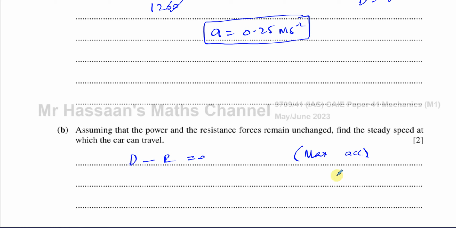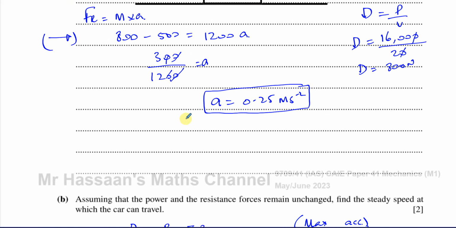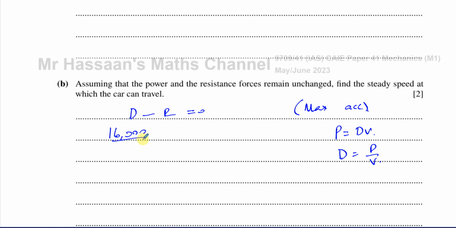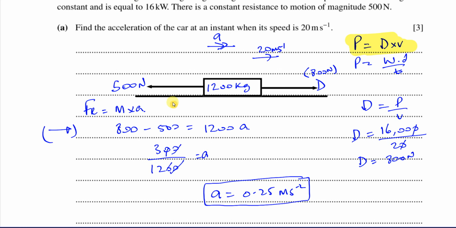Remember, the power is equal to the driving force times the velocity, so the driving force is the power over the velocity. So we're going to have 16,000 divided by the velocity, minus the resistance force, which is unchanged, which is 500.